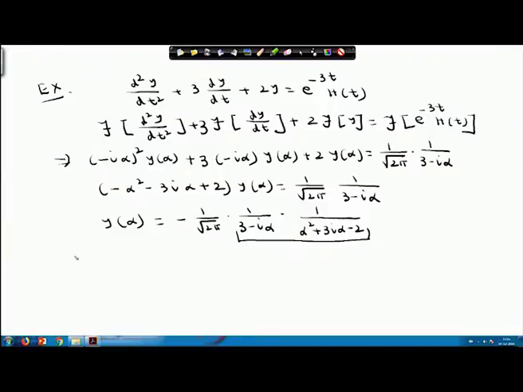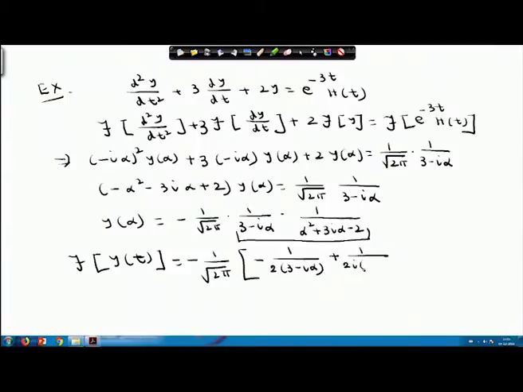I am not showing it. So, directly I am writing Fourier transform of y(t). This is equal to minus 1 by root 2 pi. You should check it on your own whether I have written it correctly or not: minus half into 3 minus i alpha plus 1 by twice i into alpha plus i.